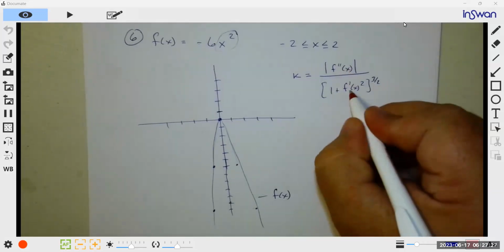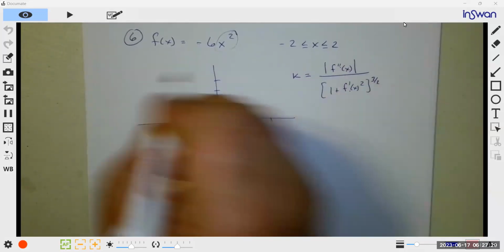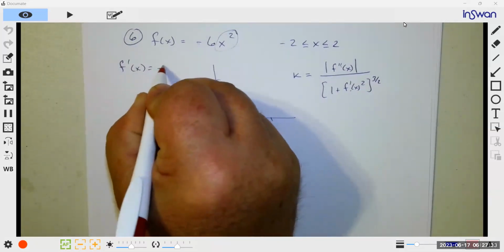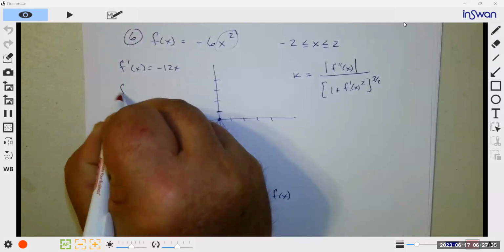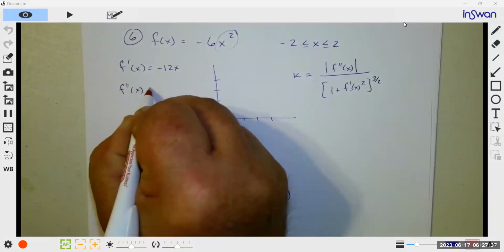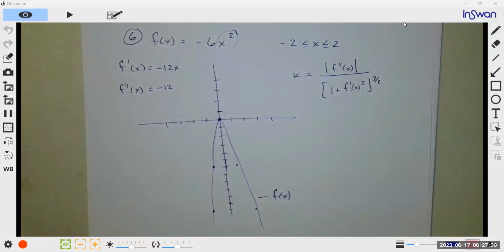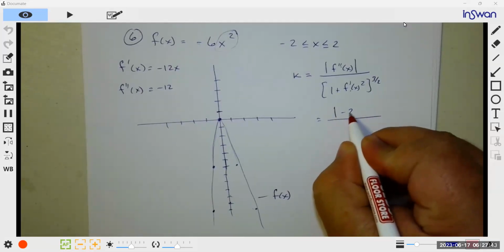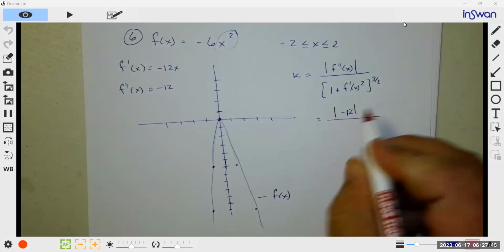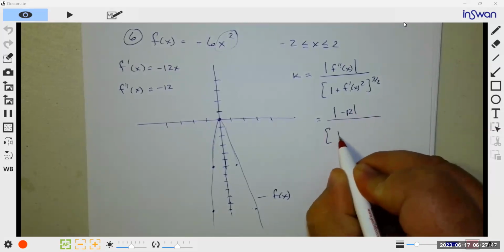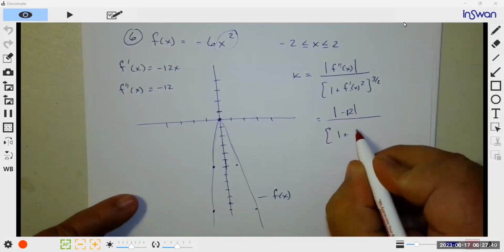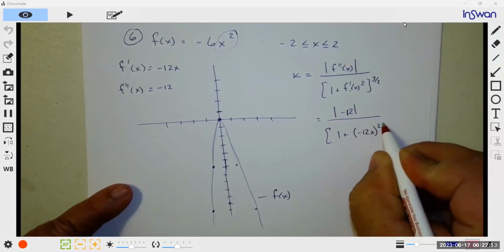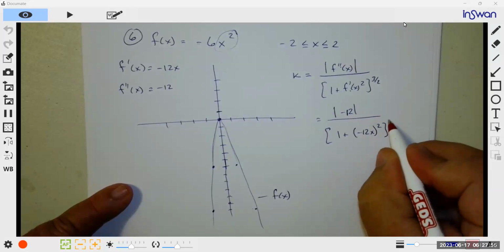Okay, so we have to find the first derivative and second derivative and do all that stuff. First derivative, negative 12x. The second derivative is negative 12. Negative 12 over 1 plus negative 12x squared.